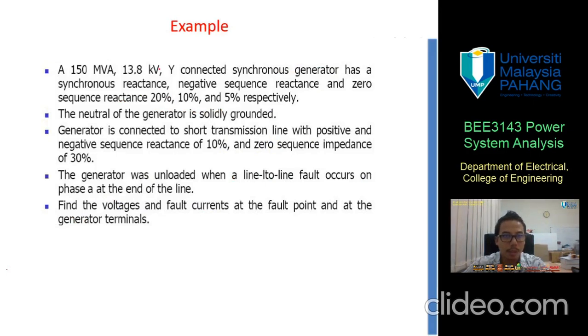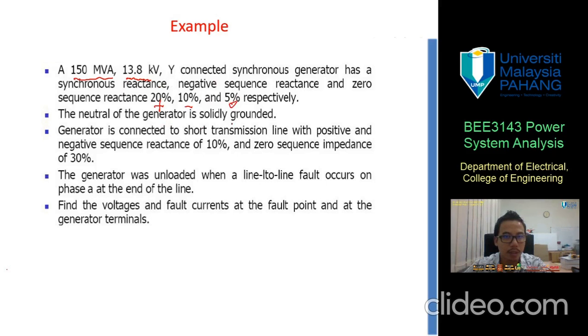Let's jump to the example. The example is almost the same as the previous one. 115 MVA base and 13.8 kilovolt is the voltage base. The generator has reactances: positive 20%, negative 10%, and zero 5%.